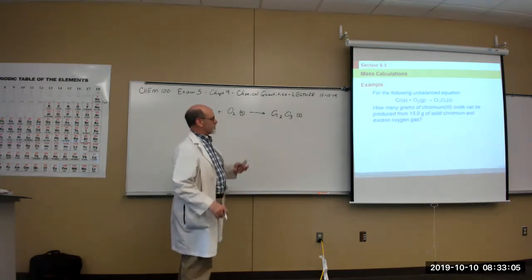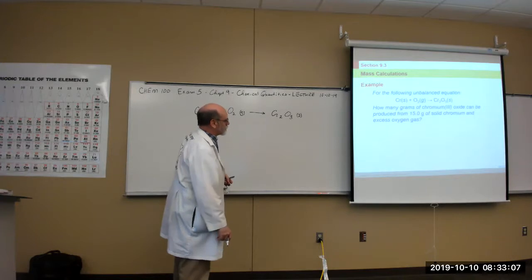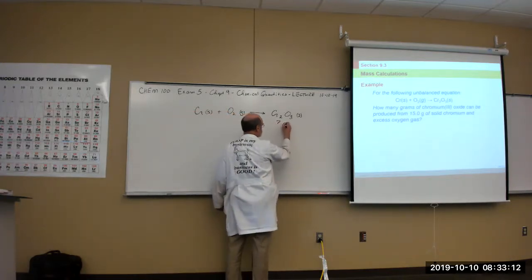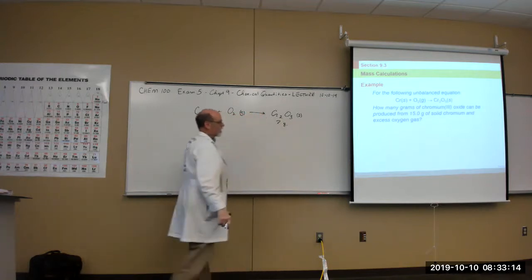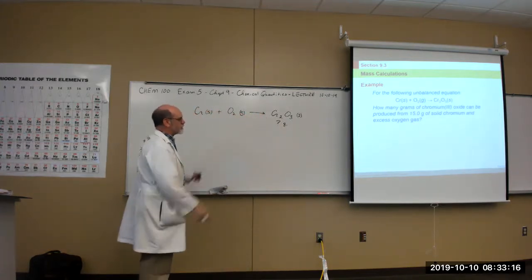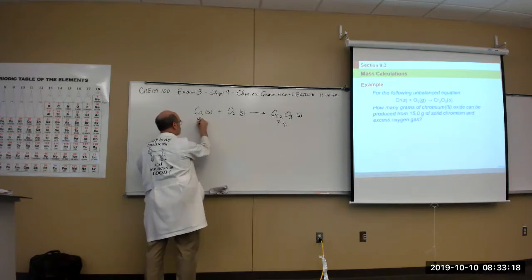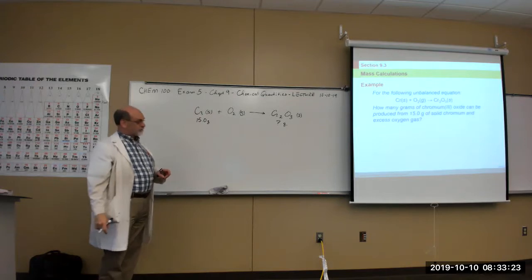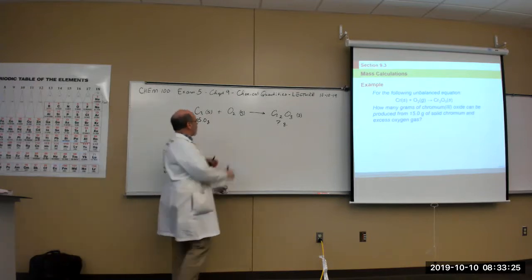Okay, now back to the question. How many grams of chromium-3 oxide can be produced? So this is the question. How many grams of that compound can be produced from 15 grams of that metal, right? And you have excess oxygen.